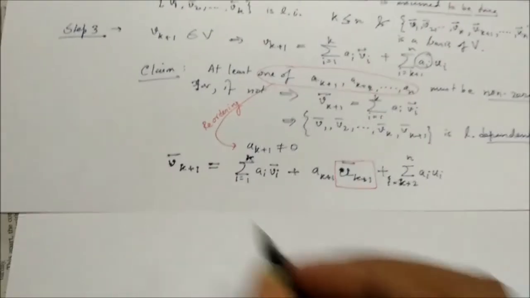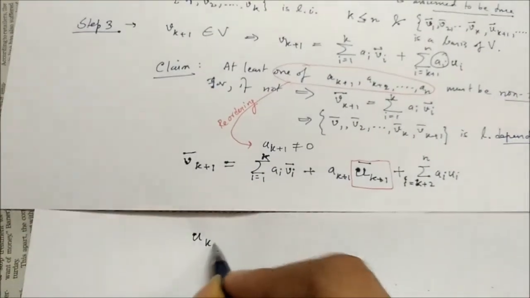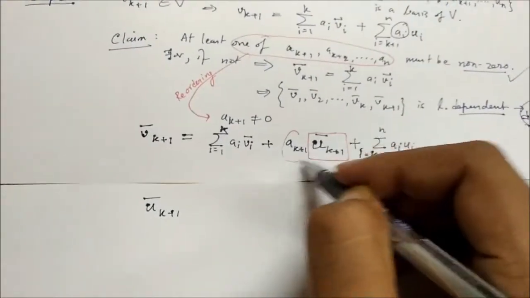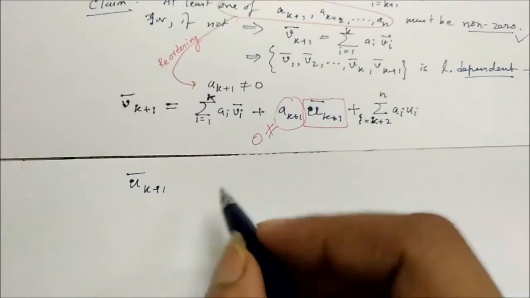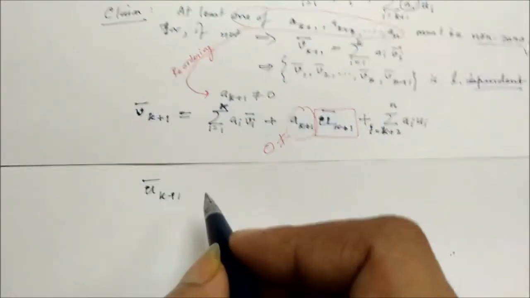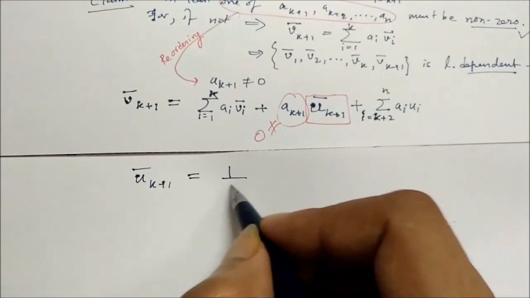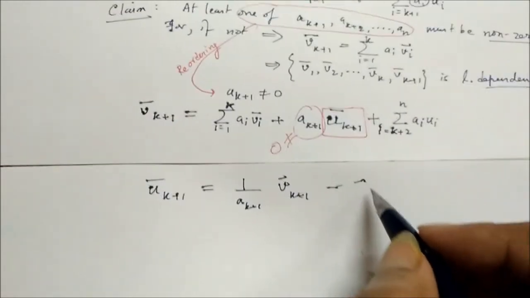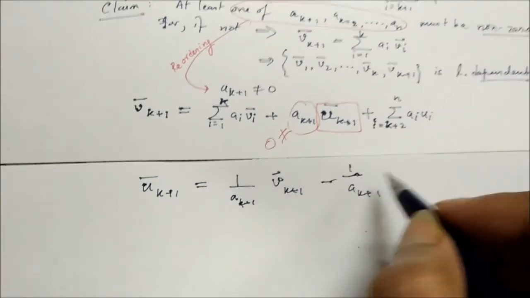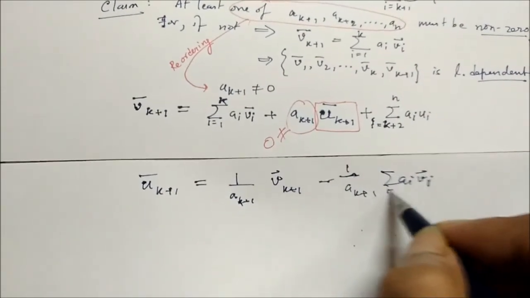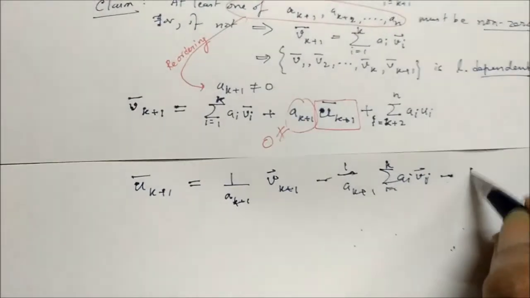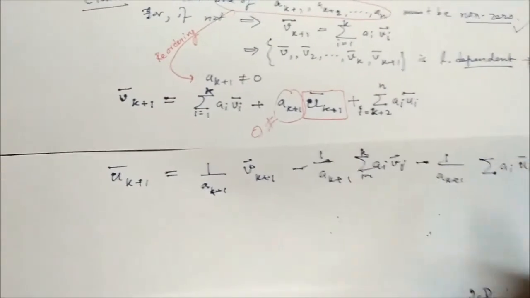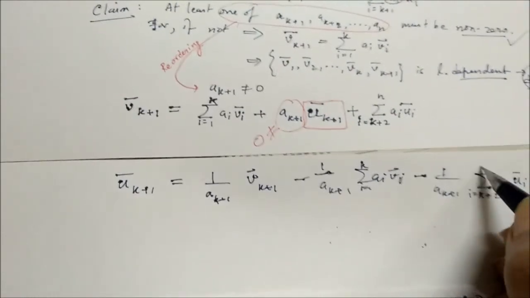We can simply write that uk plus 1 can be written as, after dividing by this, remember this here is non-zero, so after making this the subject of the formula, you have 1 by ak plus 1 times vk plus 1, minus 1 by ak plus 1 times summation ai vi, i from 1 to k, minus 1 by ak plus 1 sigma ai ui's, where it's from k plus 2 to n.